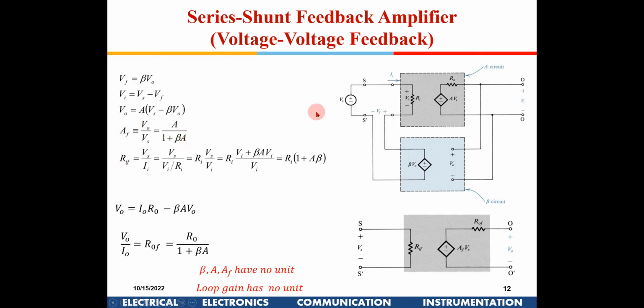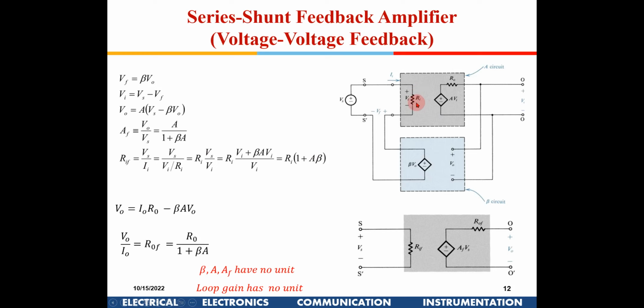Now let's talk about the input resistance. RIF, the input resistance as seen into the circuit, will be Vs divided by Ii, the current flowing in. Ii is Vi divided by Ri, where Ri was the initial resistance before feedback.